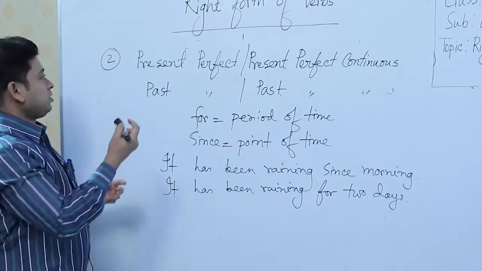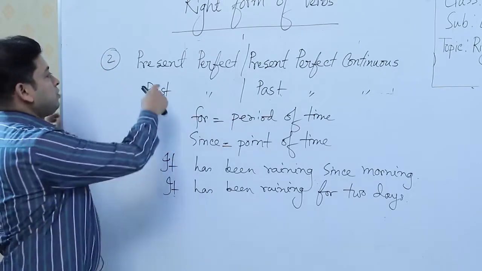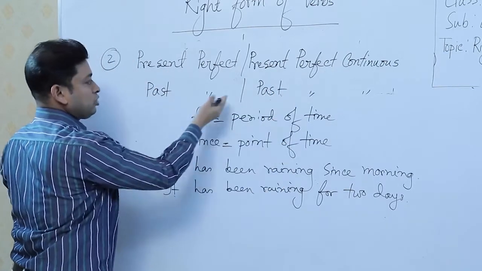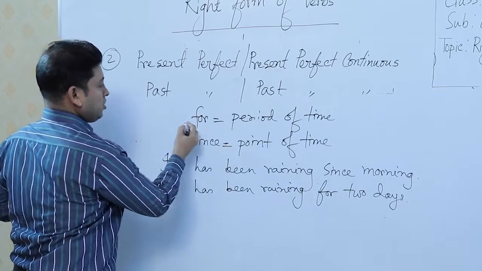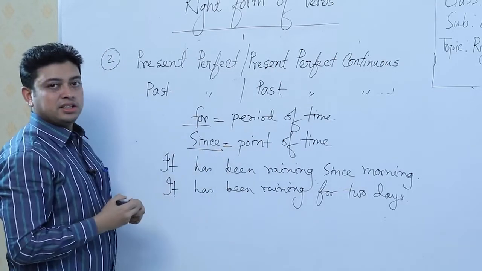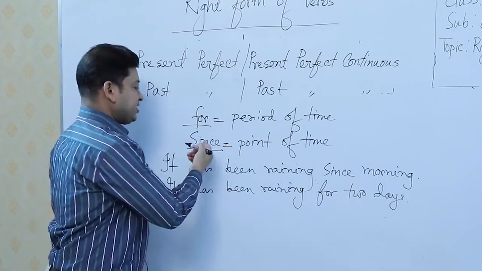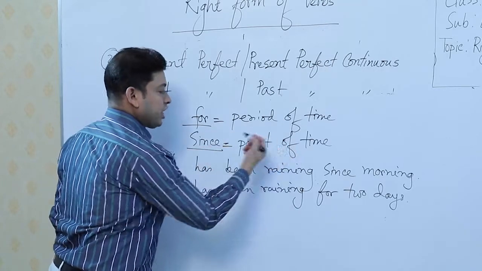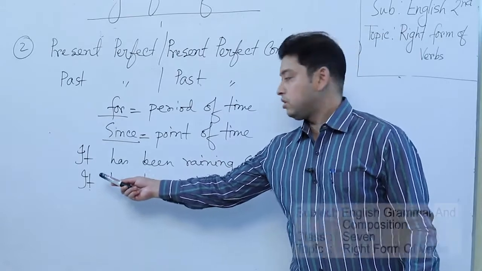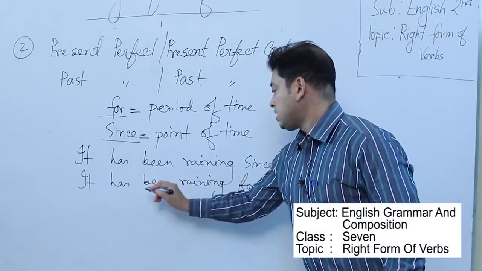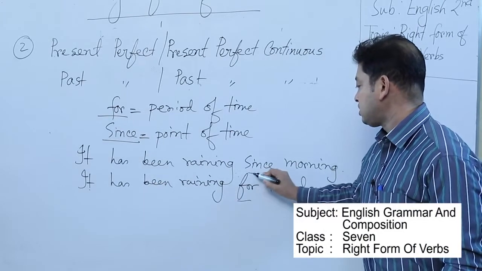So, the structure is, if there is present perfect tense or present perfect continuous tense, past perfect or past perfect continuous tense, for and since: for actually refers to period of time and since refers to point of time. So, look at the example, it has been raining since morning, it has been raining for 2 days.